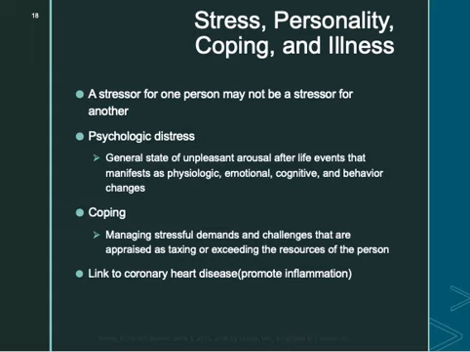They could be physiologic, emotional, cognitive, and also behavior changes as well. So it predisposes them to a lot of different physiologic issues. And it contributes to the onset of mental health illness or different mental health disease states, or can contribute to exacerbations of that.